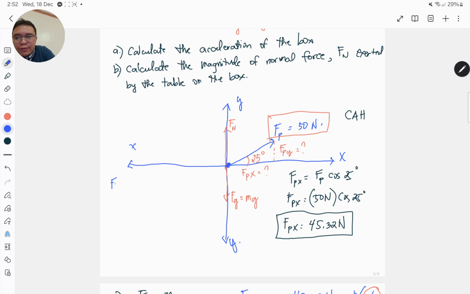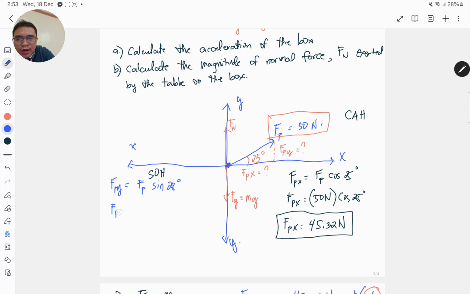So our Fpy here would be equal to, let's look at our Fpy here. Our Fpy here is directly opposite this 25-degree angle. So therefore, we will use the function of SOH. So in this case, we have to apply the sine function. So what we're going to do now is just simply first multiply our Fp to the sine of our angle, which is 25 degrees.